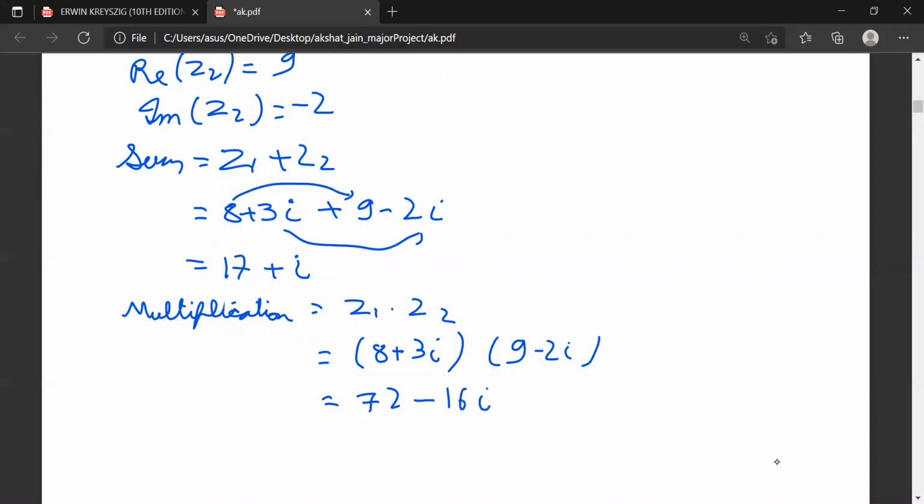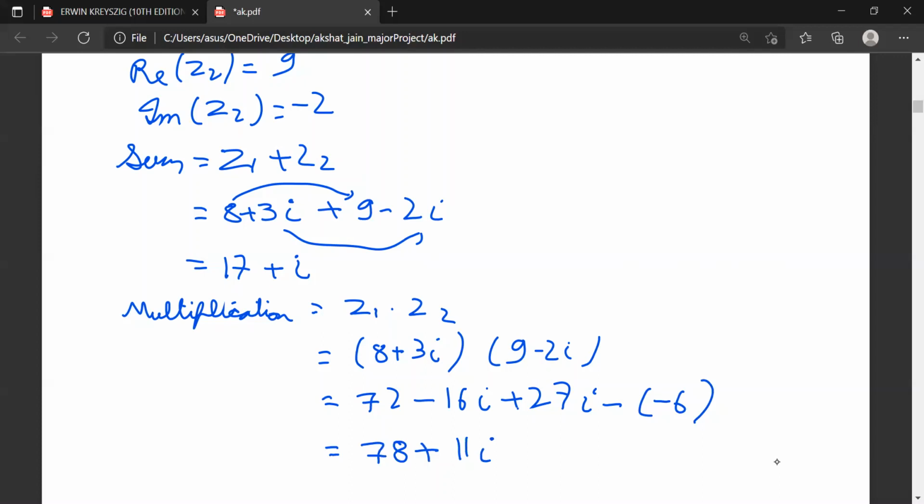Then 3 iota into 9 is 27 iota. Then 3 iota into minus 2 iota is minus 6 iota square, and since iota square is minus 1, minus of minus 6 comes. Finally we get 78 plus 11 iota.